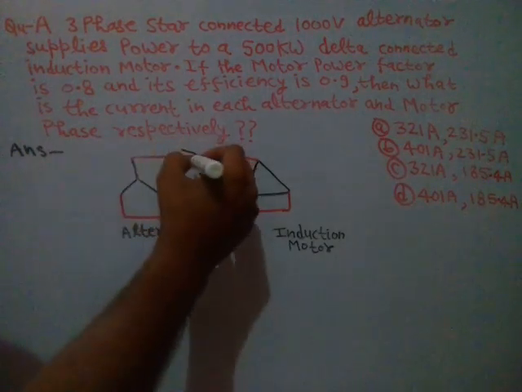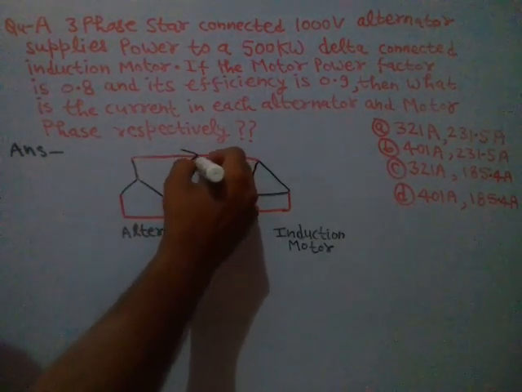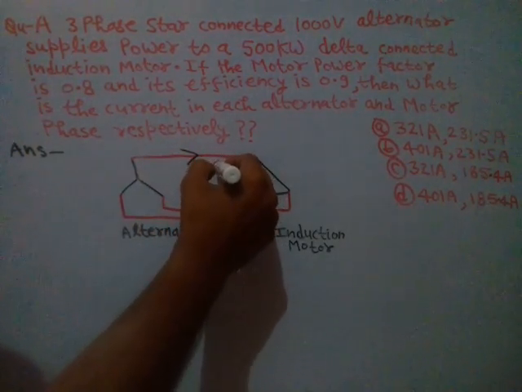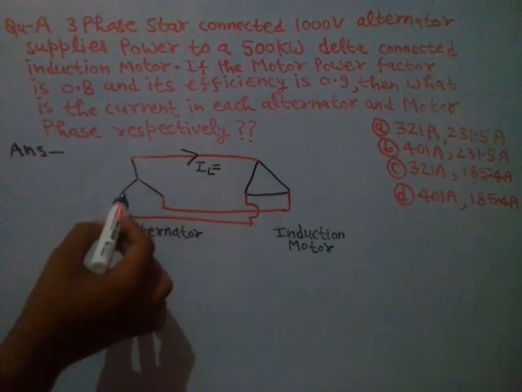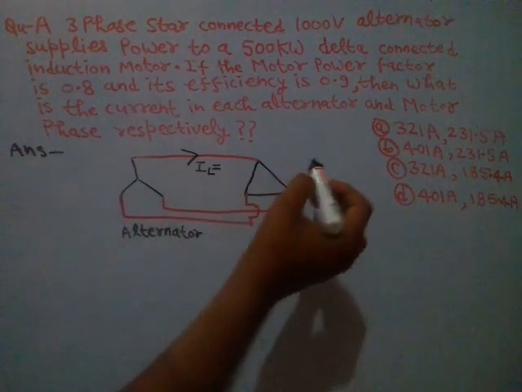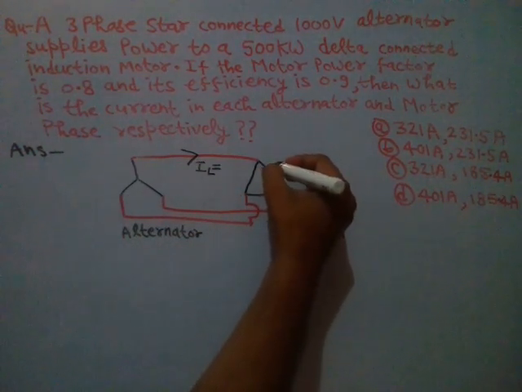This line current IL we will have to calculate, and we will also have to calculate the respective phase currents of the star connected alternator and the delta connected induction motor.